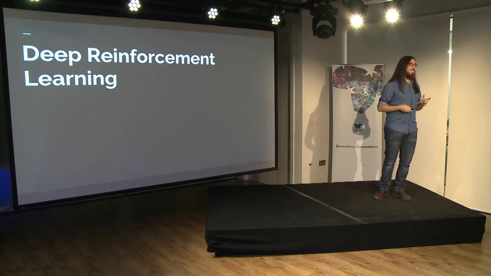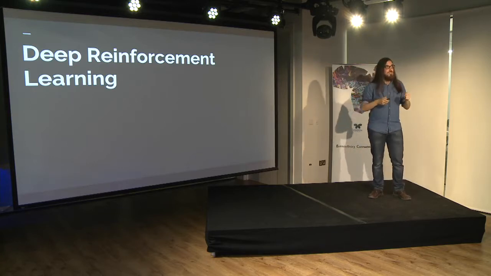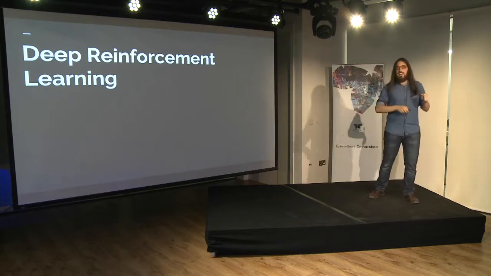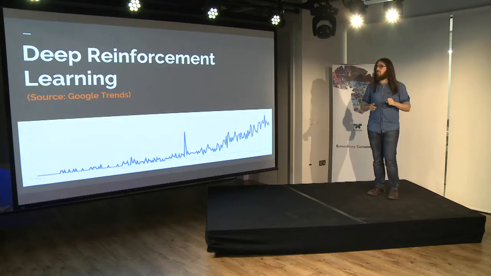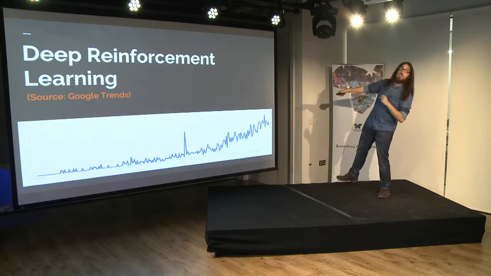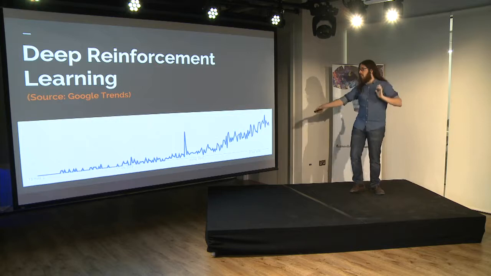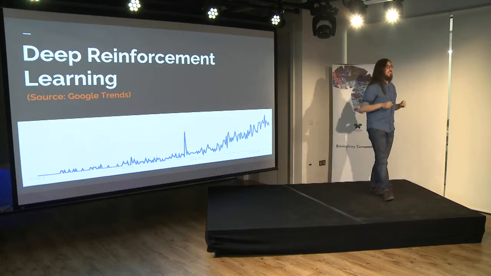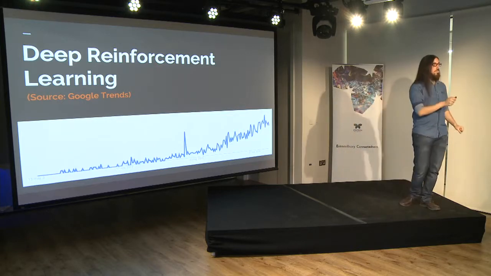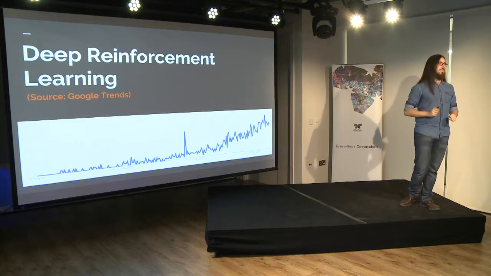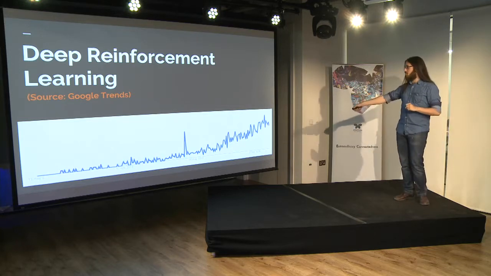It was deep reinforcement learning. If you want to see how big this thing is, this is the Google Trends for deep reinforcement learning, and it's been massively increasing over recent years. This little spike over there is the date that DeepMind published their first Nature paper on deep reinforcement learning. So this thing is massively taking off, and we're just beginning to find out how massively useful it is. So it's probably not going to stop anytime soon.